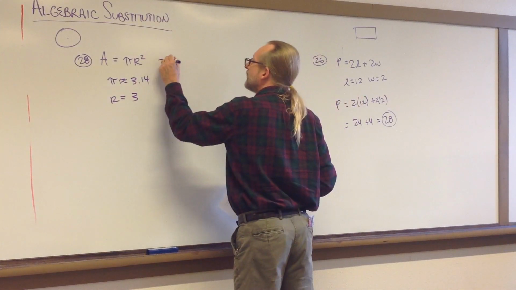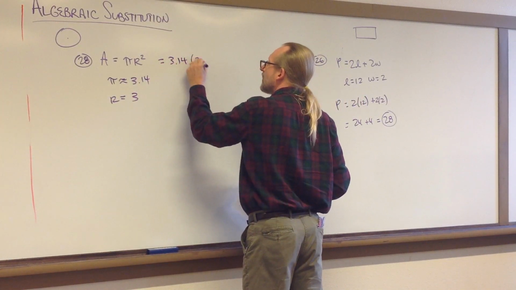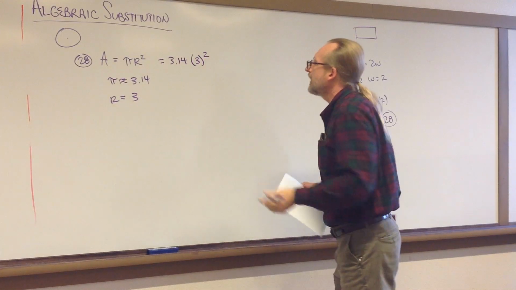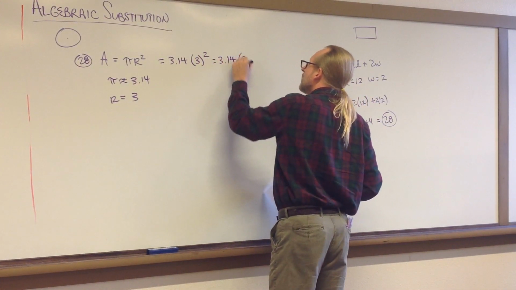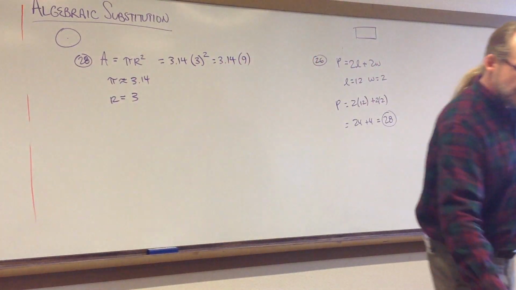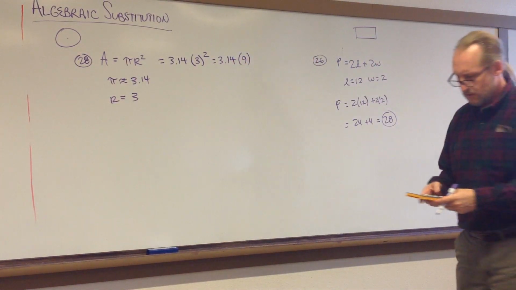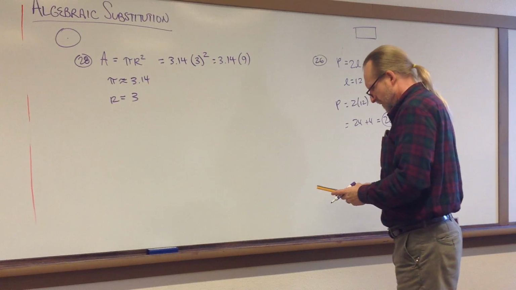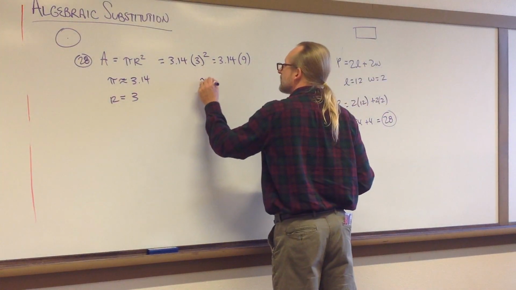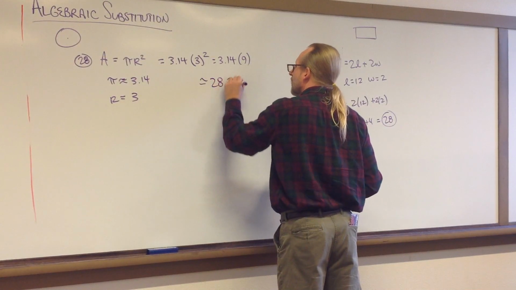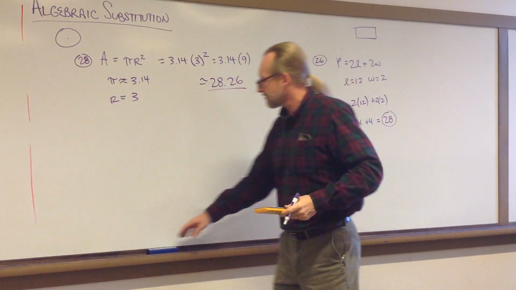So this will be 3.14 times 3 squared. And how you go about calculating this is up to you. You can calculate that as 9 first. Let's see here. So 3.14 times 9, 28.26. Okay.